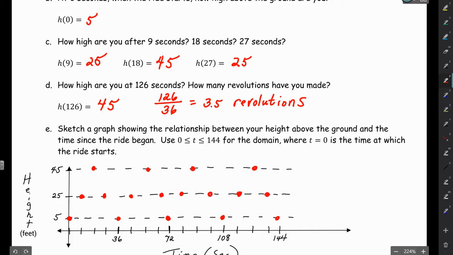And we'll sketch the curve. All right, that's it for letter E.